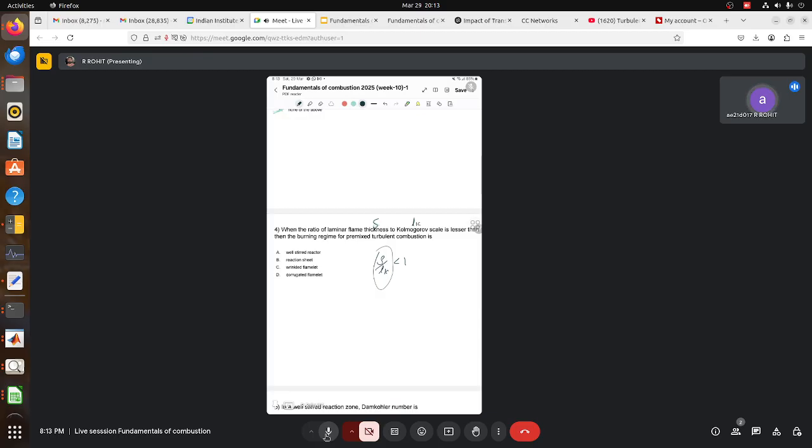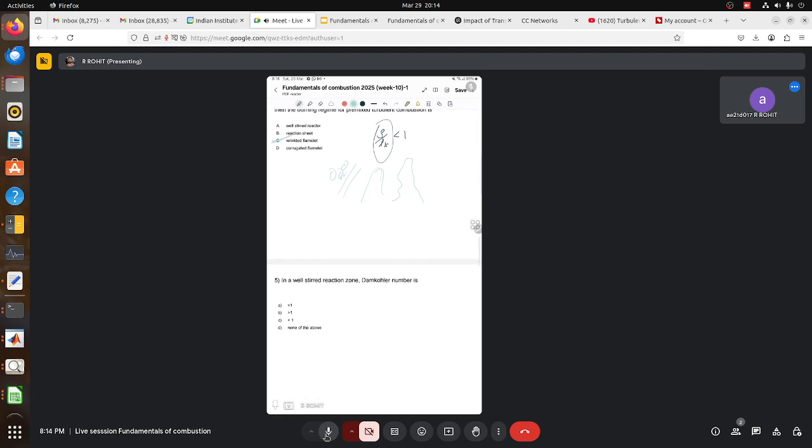That condition is satisfied only when you have a wrinkled flamelet, where delta is much less than Lk. So delta by Lk will be much less than 1. That is, you have your flame thickness, but the eddies are much bigger and cannot penetrate. So instead of the flame being flat, it will be wrinkled. I hope that is clear.